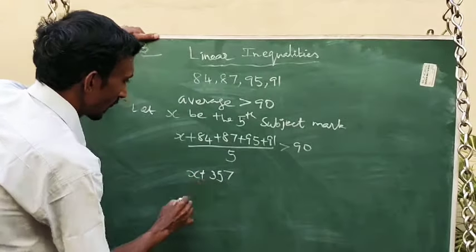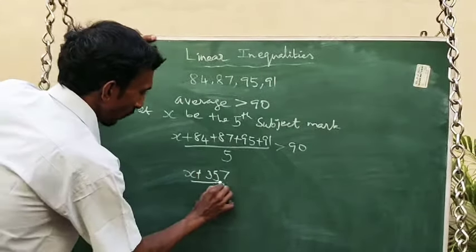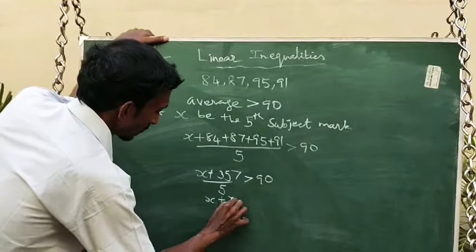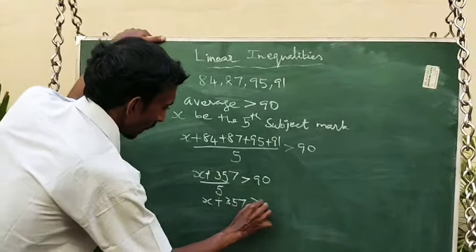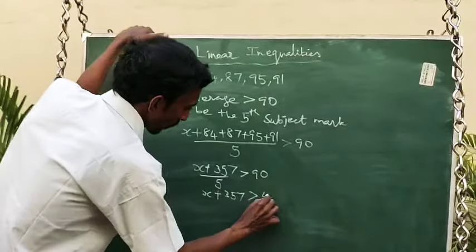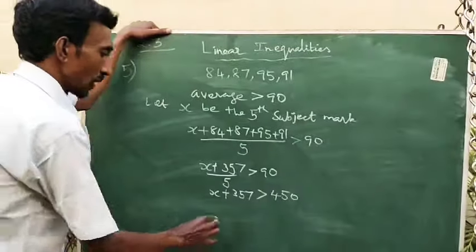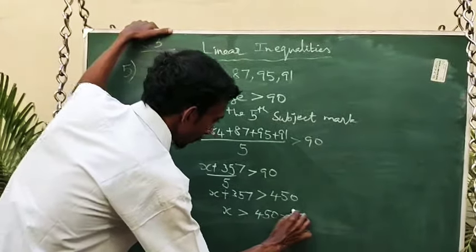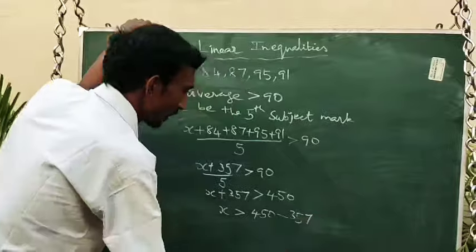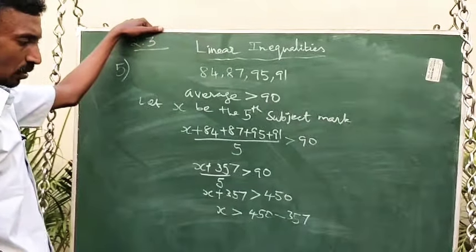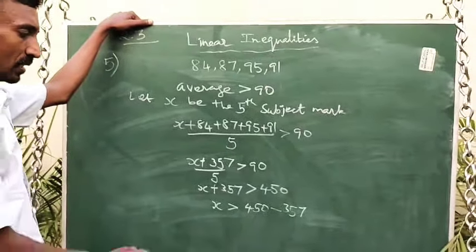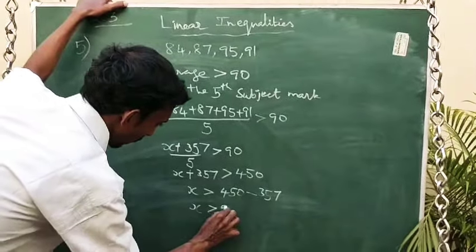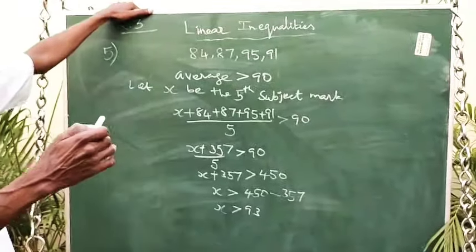So x plus 357 divided by 5 greater than 90. So cross multiply: x plus 357 greater than 5 nines are 45, so 450. Okay, so x greater than 450 minus 357. If we subtract, what we get is 93. So x greater than 93.